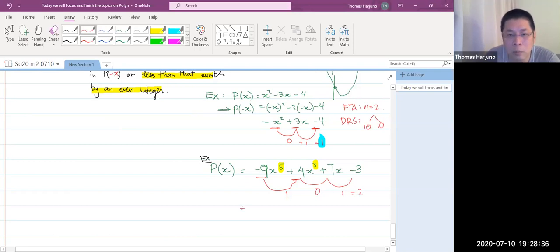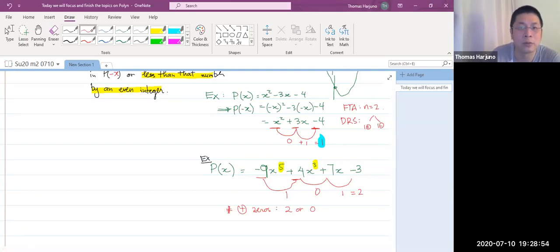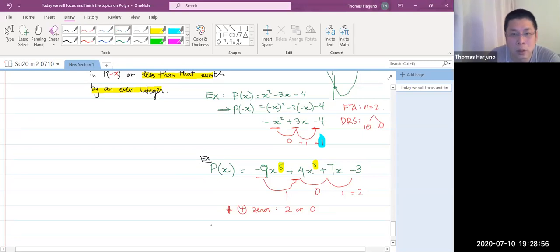So the number of positive zeros is 2 or nothing. It's either 2 or no positive zeros. Now, how about negative zeros? Then we see P(-x) will be 9x to the 5th minus 4x cubed minus 7x minus 3.